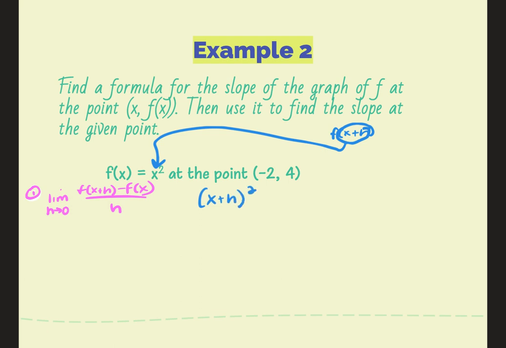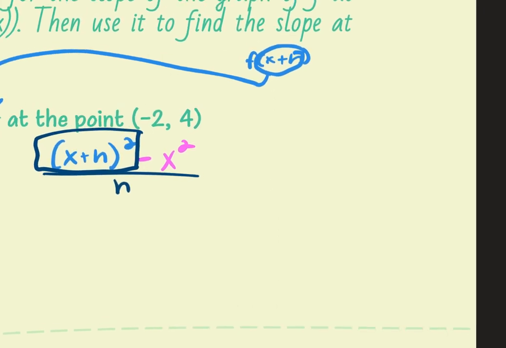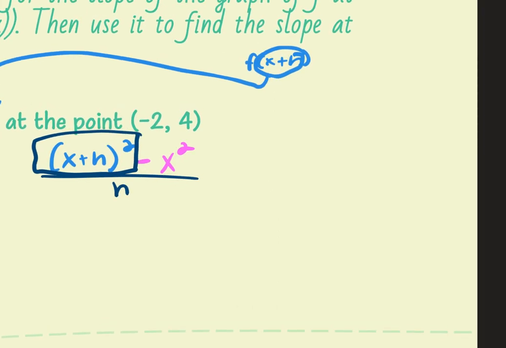That's the first part. Then we subtract from it the original equation, which is f of x, and we put it all over h. Now we're going to do this step a lot, so I would say it's beneficial to memorize x plus h squared. If you forget, you can always expand it.